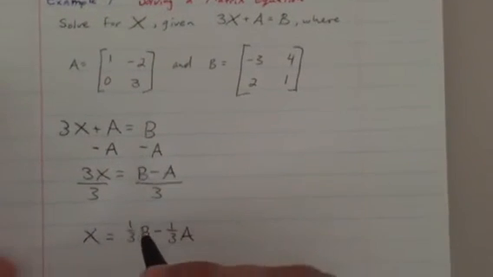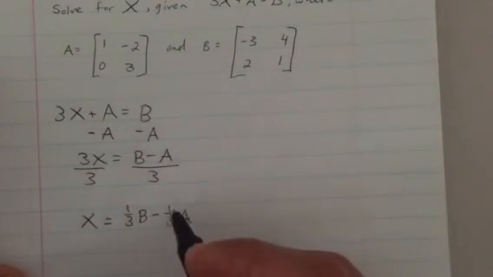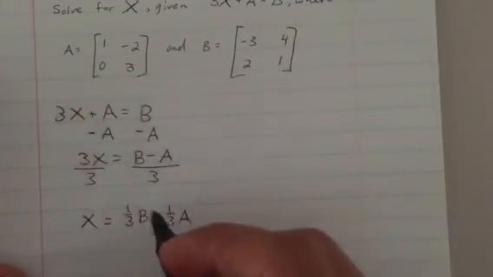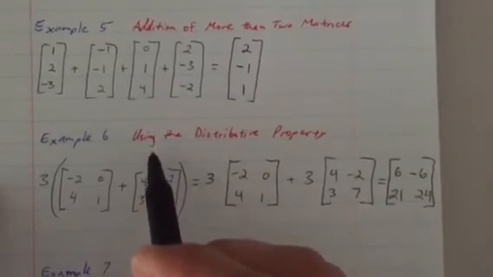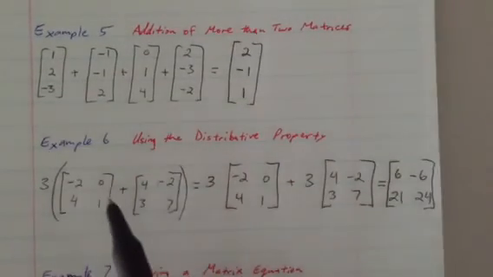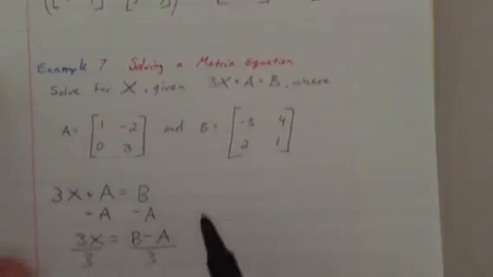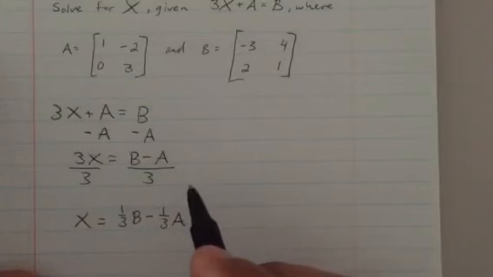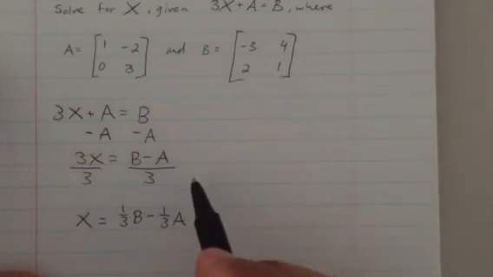Then you would go ahead and multiply 1/3 times matrix B, multiply 1/3 times matrix A, subtract them, and follow the same ideas as example 6. So you can go ahead and finish up example 7. Follow example 6 to help you using the distributive property.